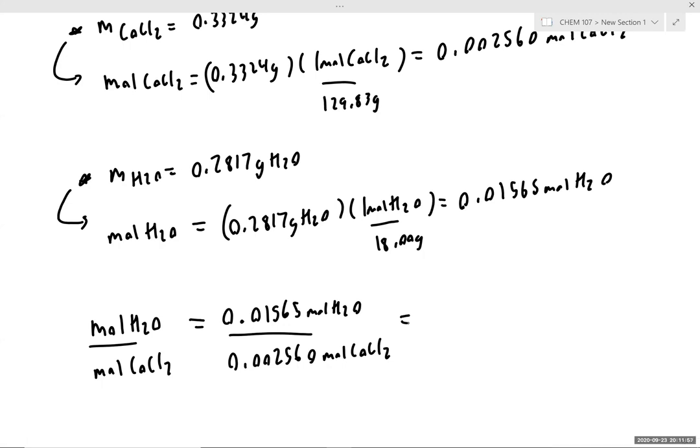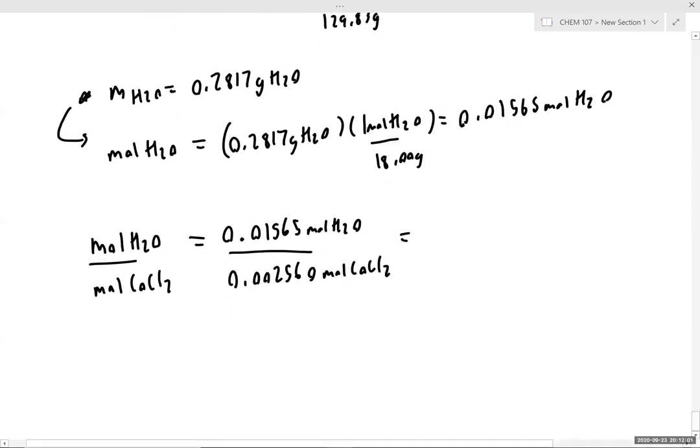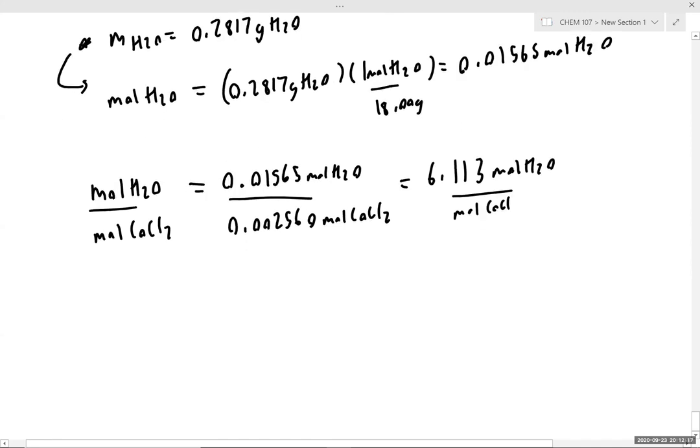And that in turn gives us a mole to mole ratio of 6.113 moles of water per mole of cobalt chloride. You always place the greater number of moles on top.